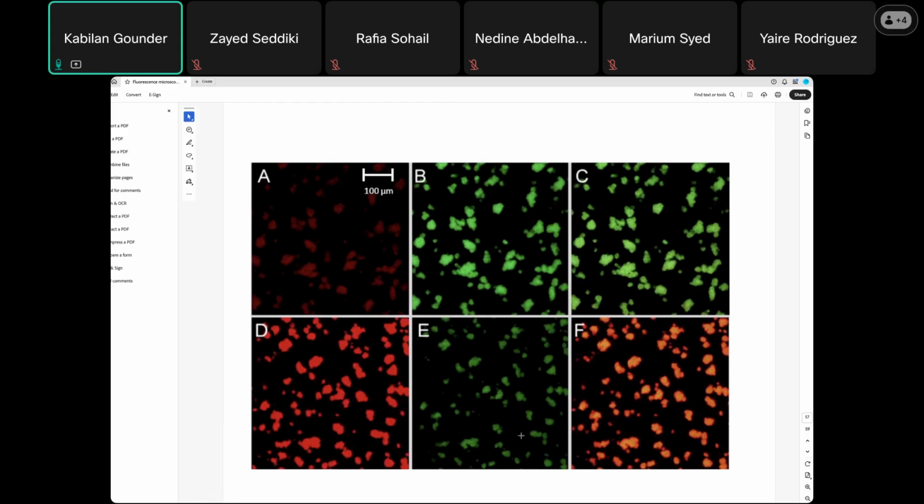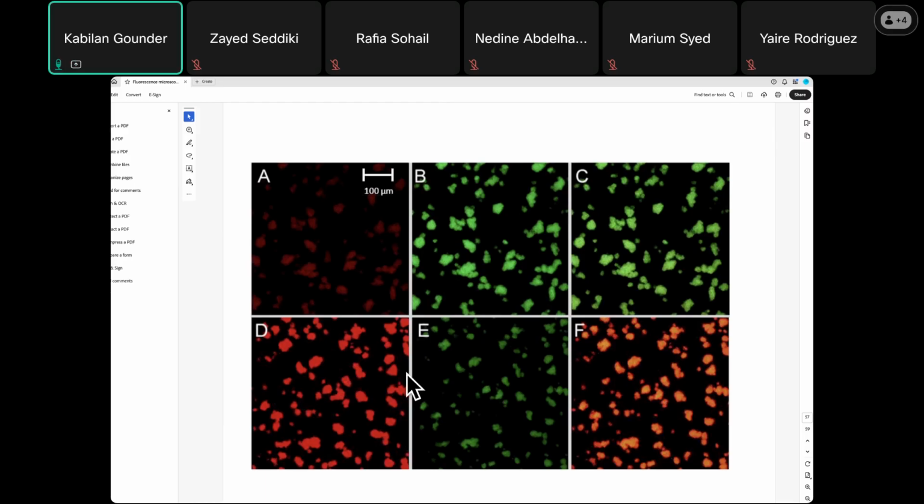Whereas here, you can see very little red when compared to the control. And here, this is the combination of these D and E. You can merge them using the software. You can see the dead cells are more, but live cells are less.